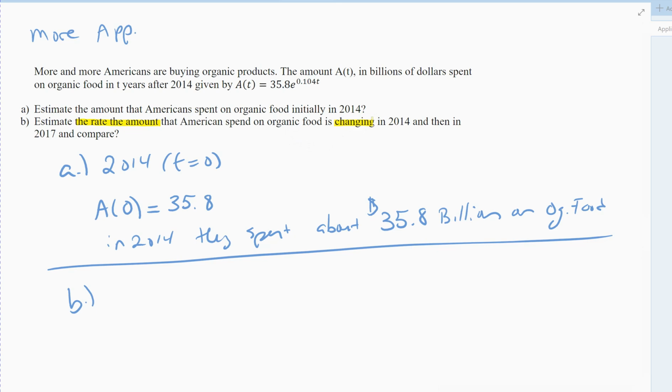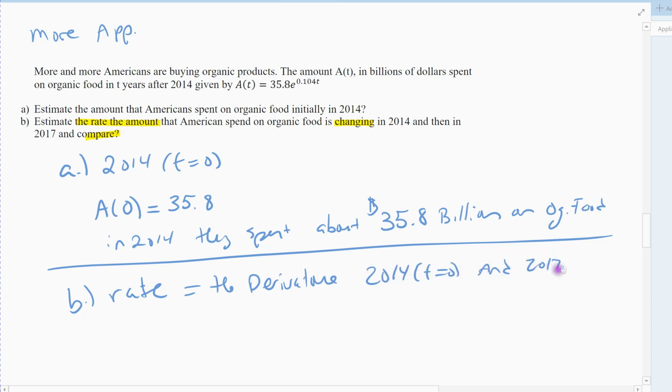Rate means speed, velocity. The rate that Americans' spending on organic food is changing, and change indicates I'm looking for a rate of change in both 2014 and then again in 2017, and then compare. So we want the rate, which means the derivative, in 2014, so time zero, and in 2017, which would be 3 years later.